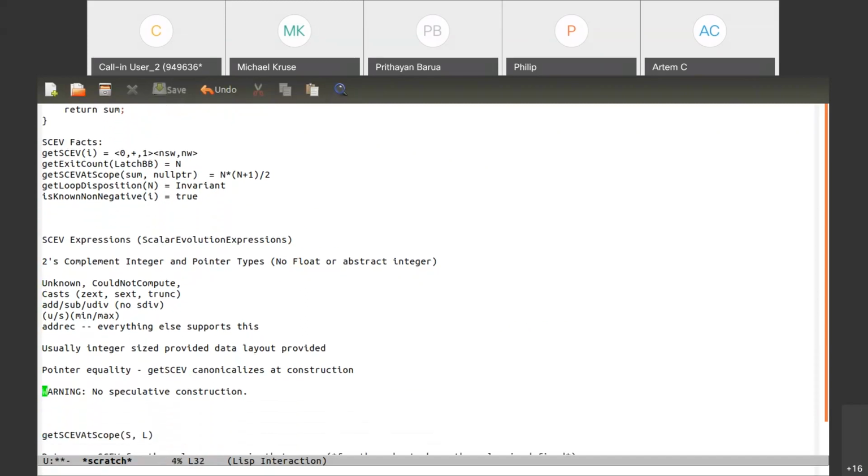The one opportunity for generalization that we have not taken is you could, for instance, have a div rec or a shift rec, or other types of recurrences that were symbolically described. There are loop examples where having such a thing would be potentially useful.